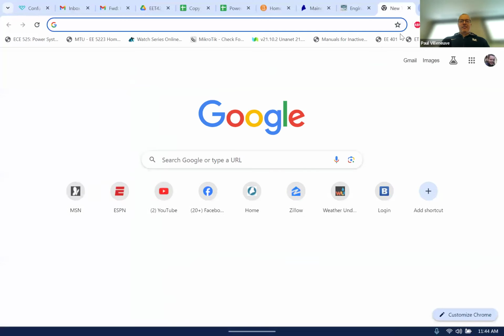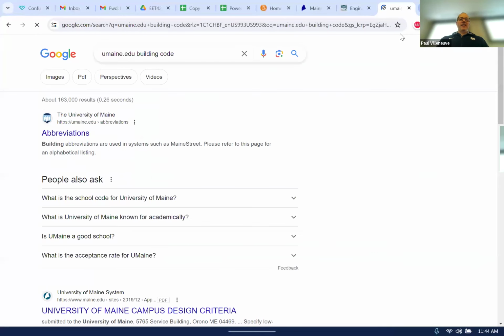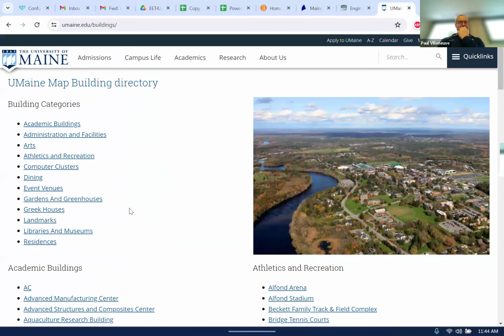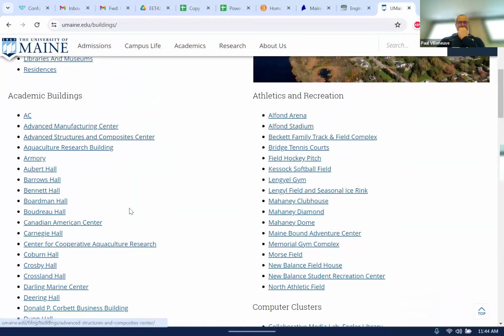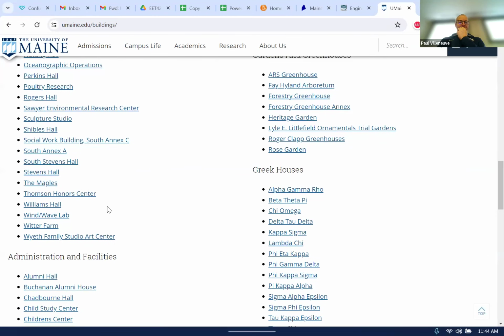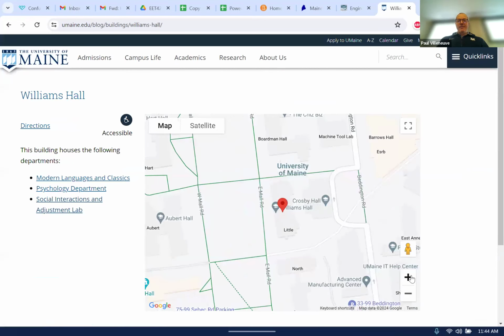Probably going to be Williams Hall. So I will be there.